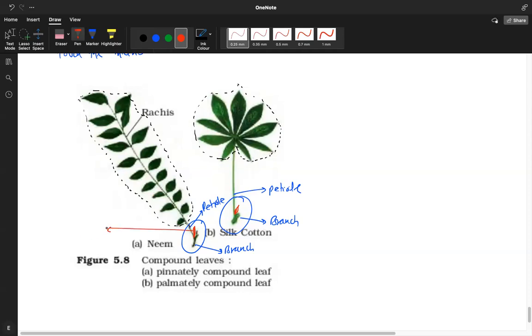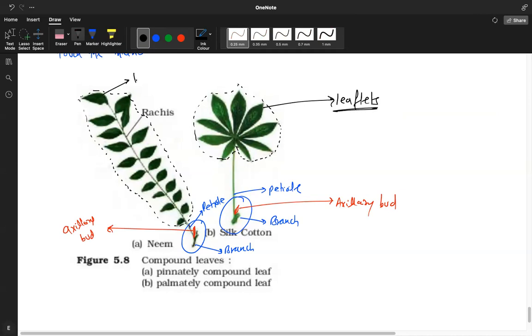So you can get a bud here, axillary bud. Let me mark this. Here also it's present. It's possible, but you cannot get it in the others. If these were true leaves... so these are called leaflets, because at this region or at this region, you cannot find an axillary bud.